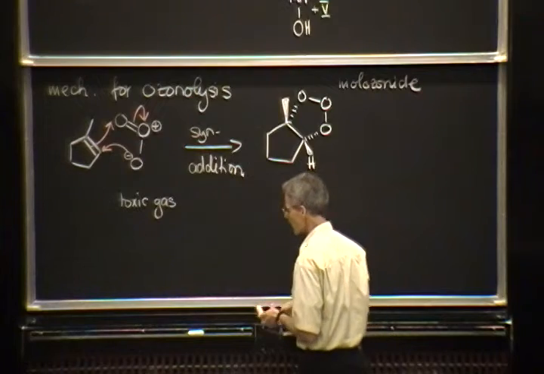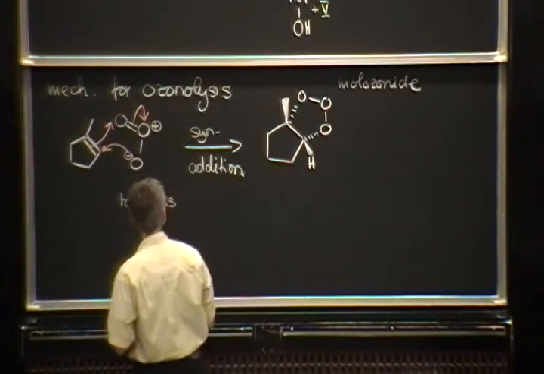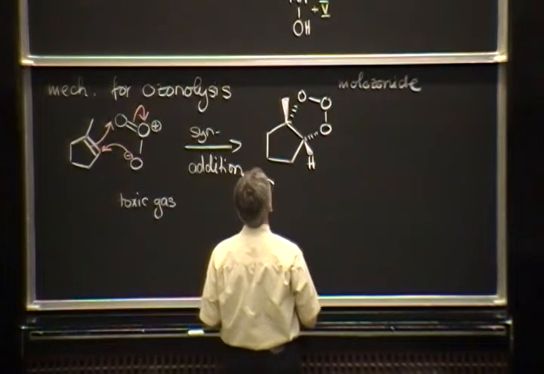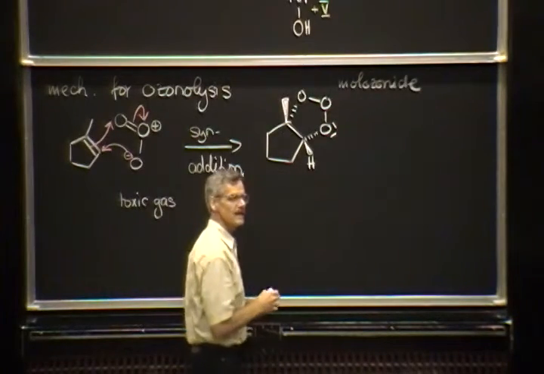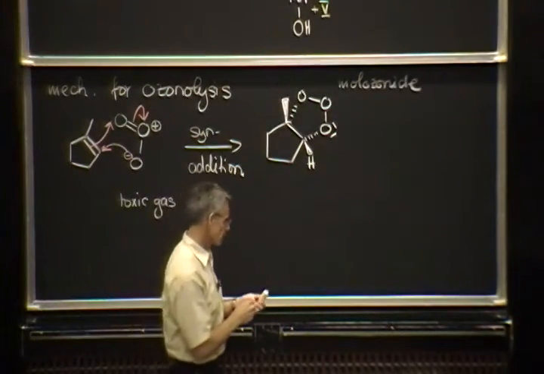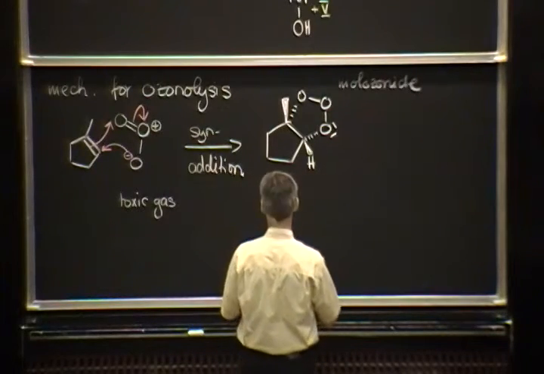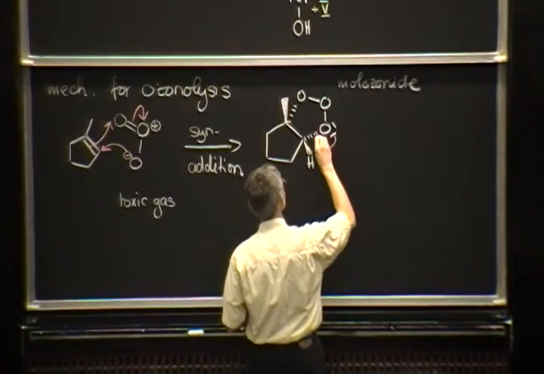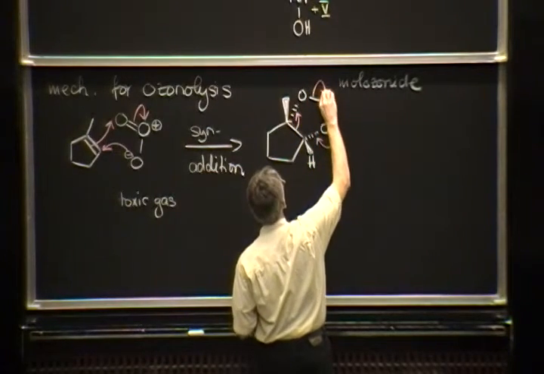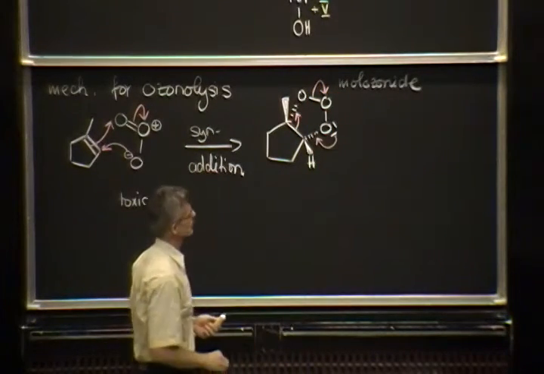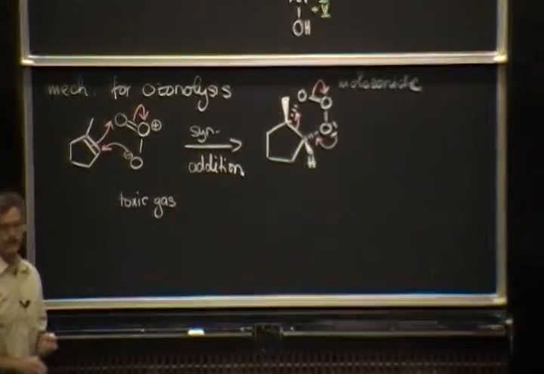So this compound fragments, and it breaks the carbon-carbon bond. So it's somewhat of an intermediate mechanism between the osmium tetroxide and the potassium permanganate. And again, I'm now fragmenting this molecule, giving more electrons to the central atom, in this case the oxygen.